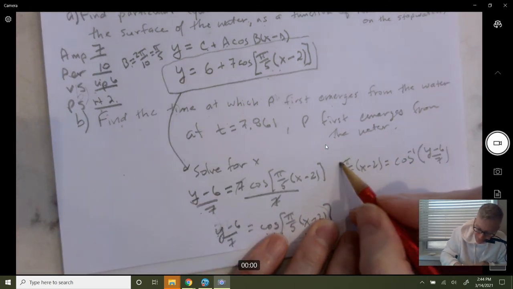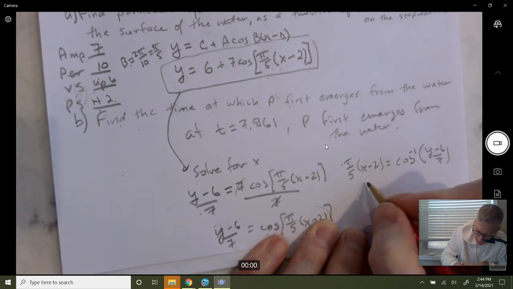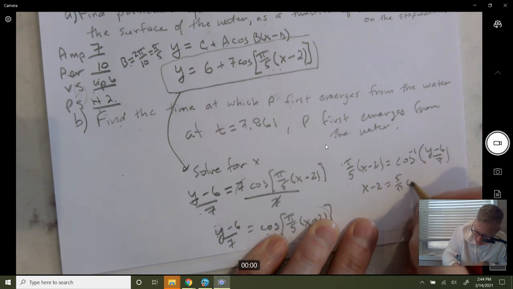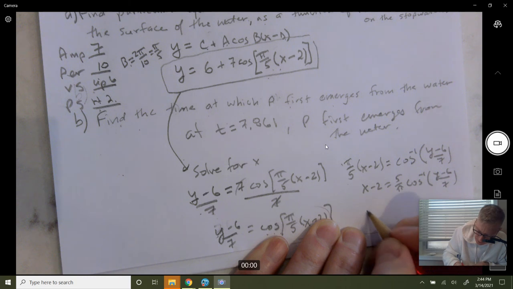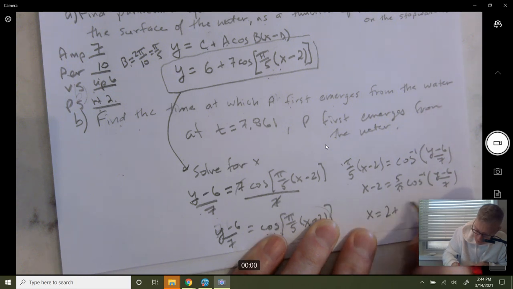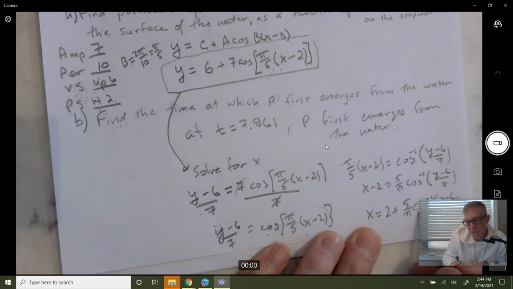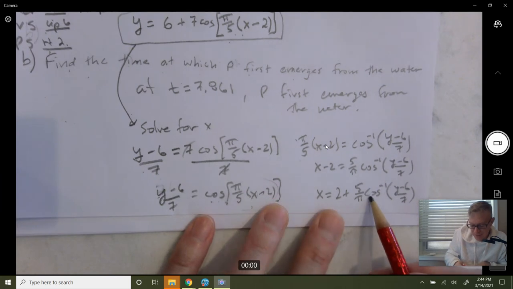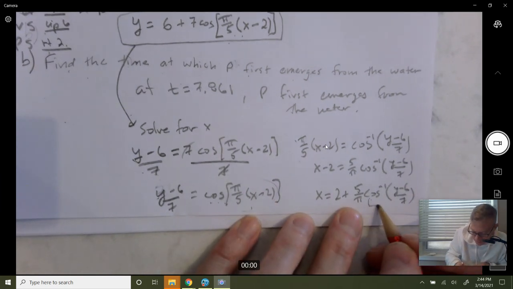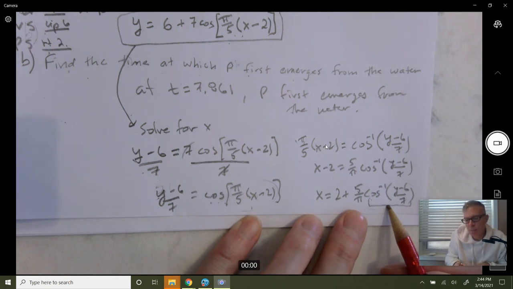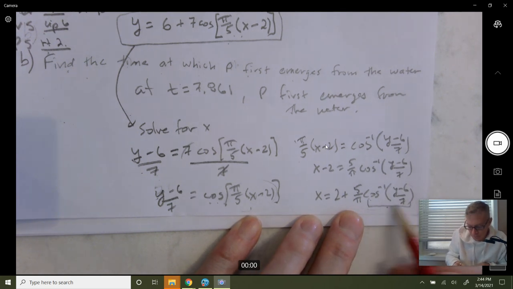Multiply both sides by 5 over pi so that this cancels. We get x minus 2 equals 5 over pi cosine inverse of y minus 6 over 7, and then add 2. So x would equal 2 plus 5 over pi cosine inverse of y minus 6 over 7. Now notice this is a lowercase cosine inverse, which means this thing's a relation, which means this right here is an angle, but there's an infinite number of angles that you could find for this.